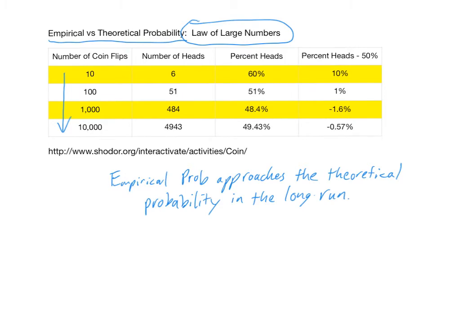So as you do an experiment more and more times, your probabilities should approach the theoretical probability.